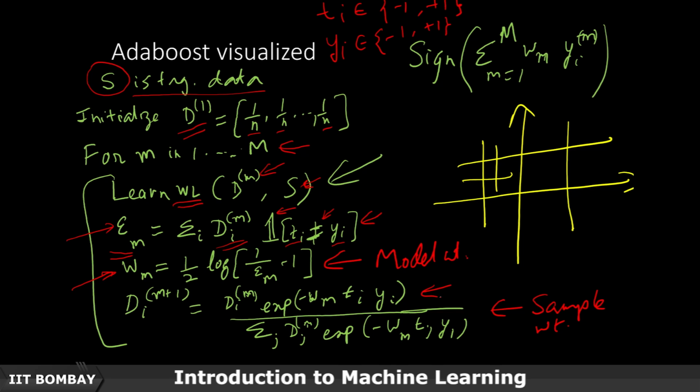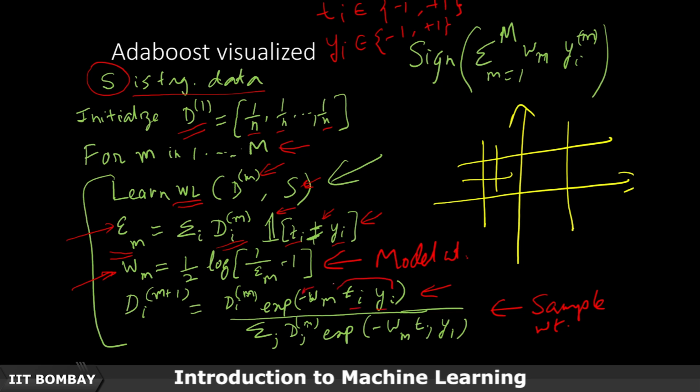So basically if we look at Ti and Yi and both have the same sign, then this product is going to be positive. When the product is positive with a negative sign, it becomes a negative, so we get a lower number here.